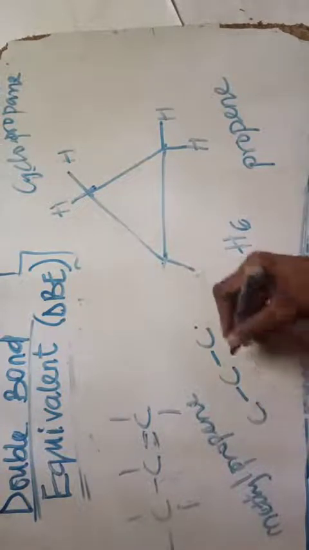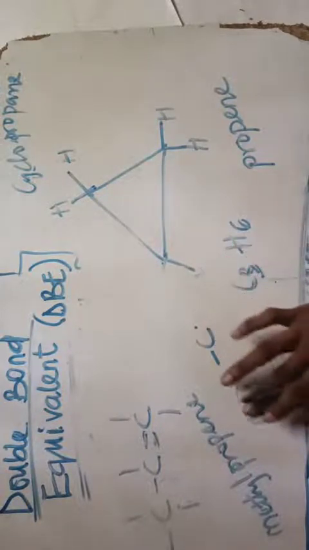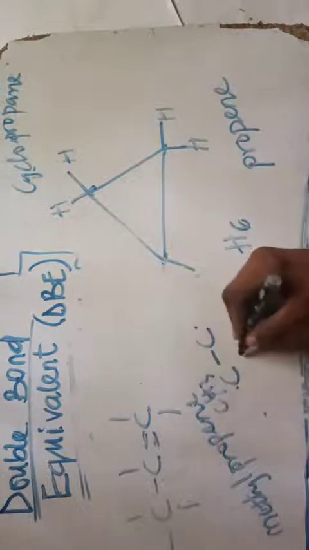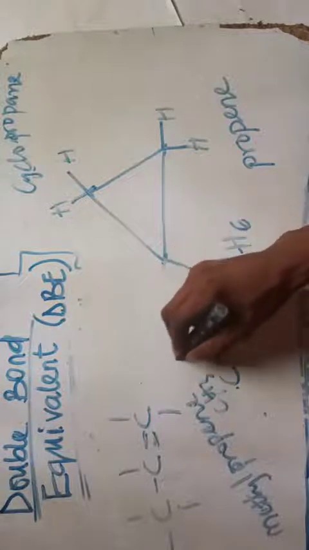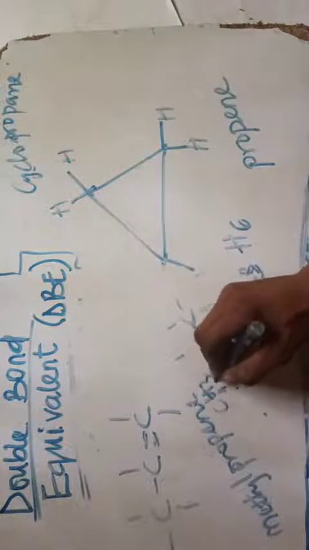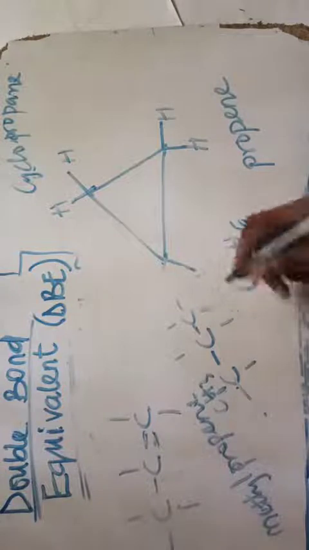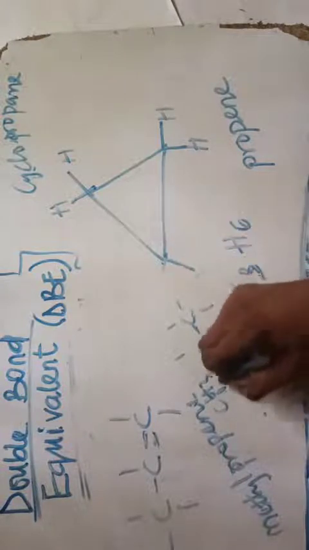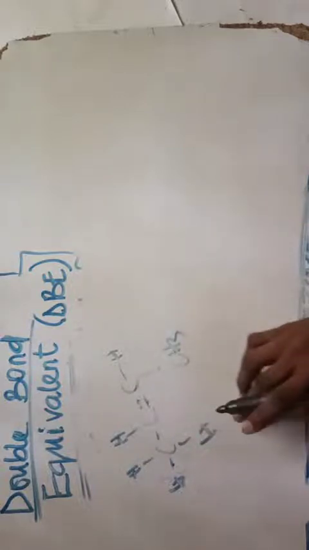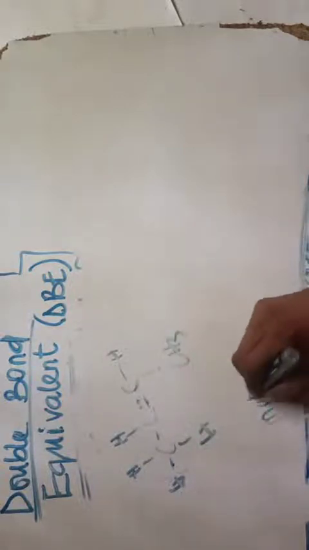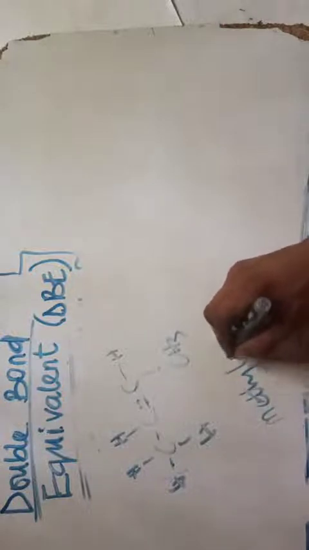Methyl is number 1 as a branch, so let's say we have methyl CH3. So this is 1, 2, 3, 4. But propane is 3, right? So now you can see this example here. As you can see, this is 1, 2, 3, and this is methyl propane.